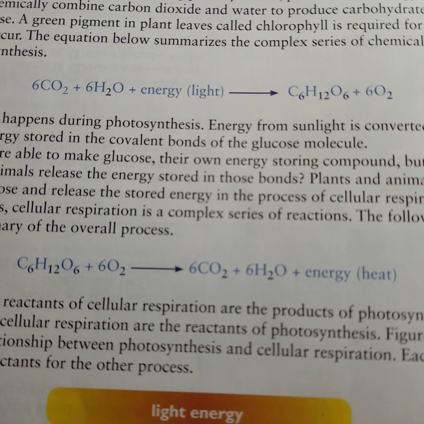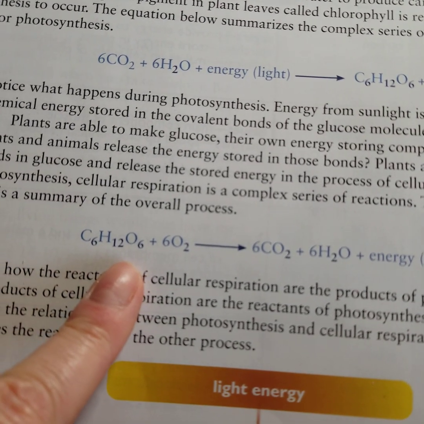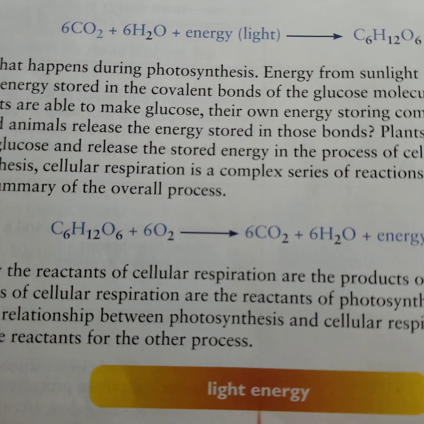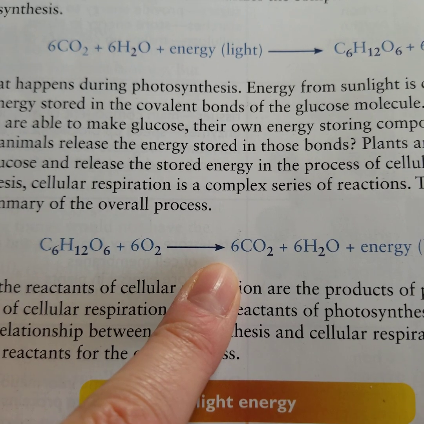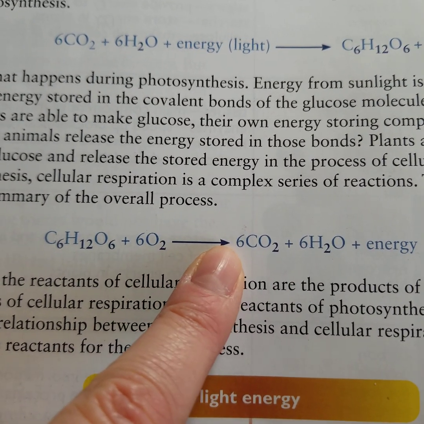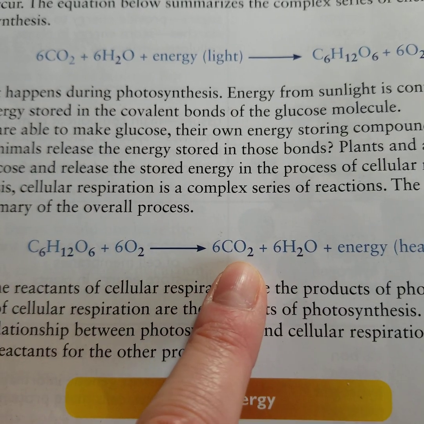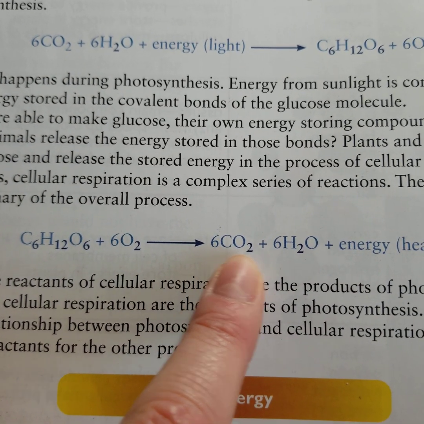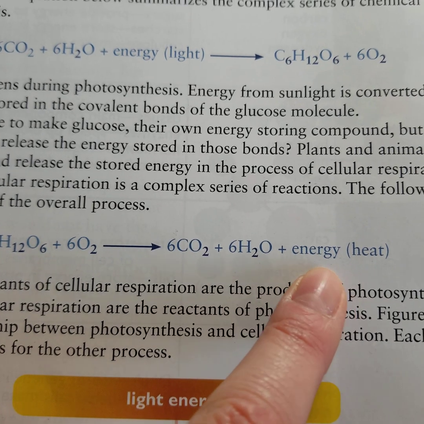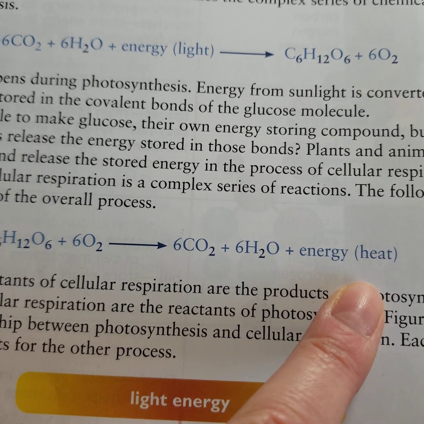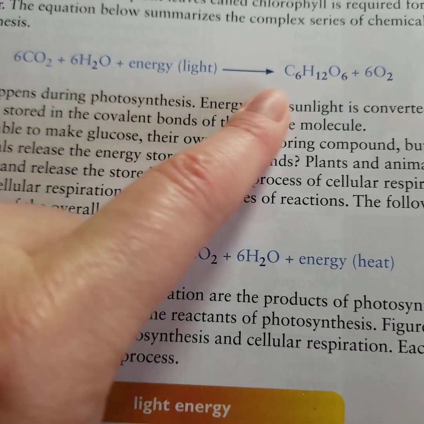All right, so here we have the glucose, and in this arrow, cellular respiration is happening. So it's breaking it down, and it brings it back apart into carbon dioxide, water, and there's the energy heat out of it. Isn't that cool? So this builds it together.